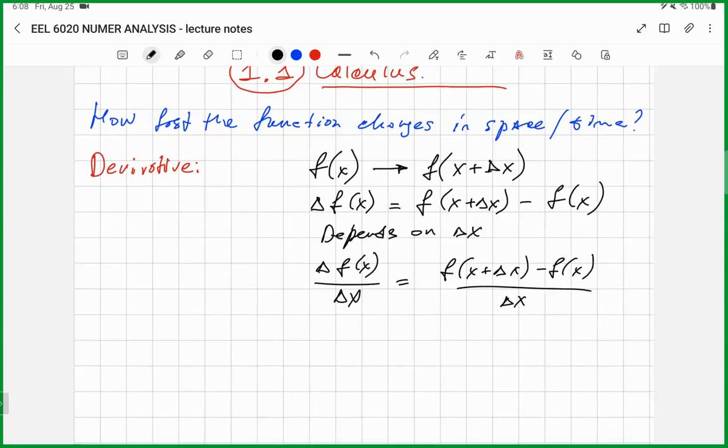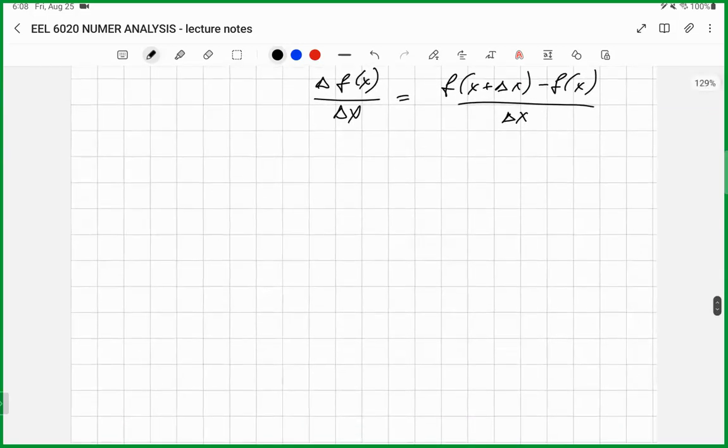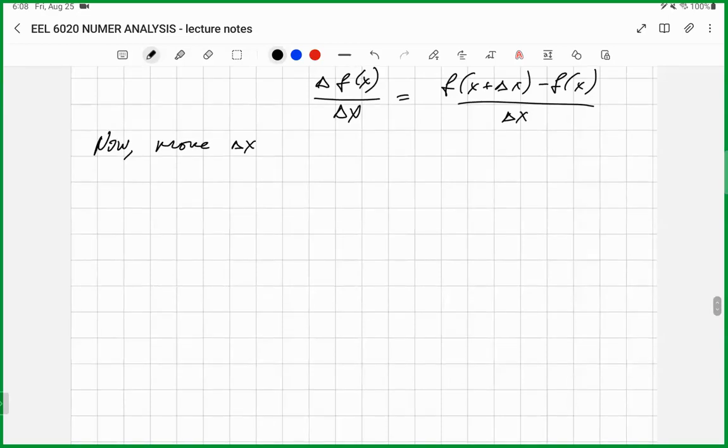Okay, and now what I should do is make an assumption that delta x vanishes. So it's basically very, very small. I make delta x very small by this limit operation, delta x to 0.